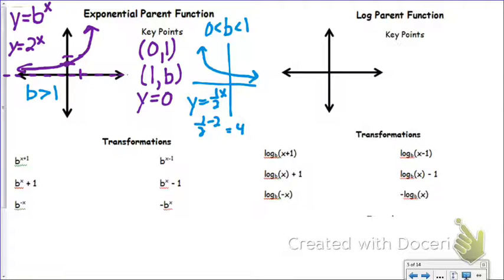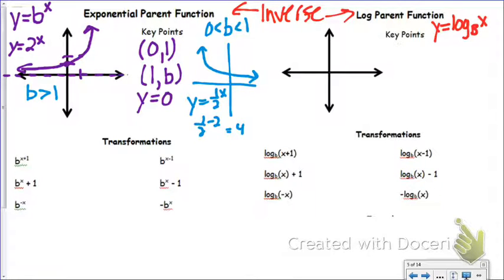What I want to look at now compared to that is your log parent function. The log parent function is actually the inverse of the exponential parent function. So those are inverses of each other. Your log parent function would be y equals log of some base and then your x as your argument.